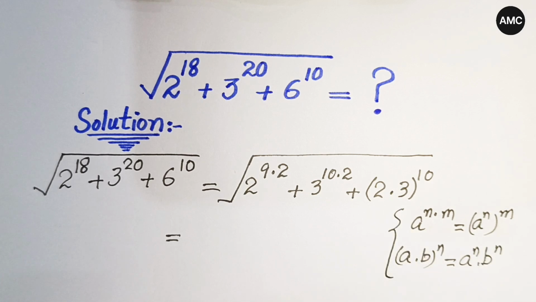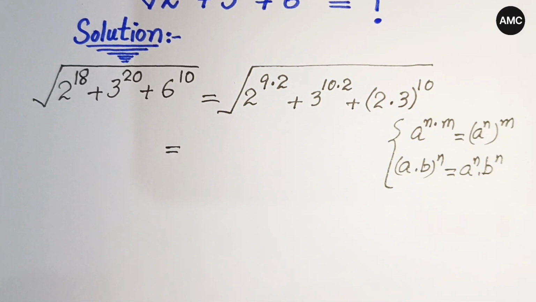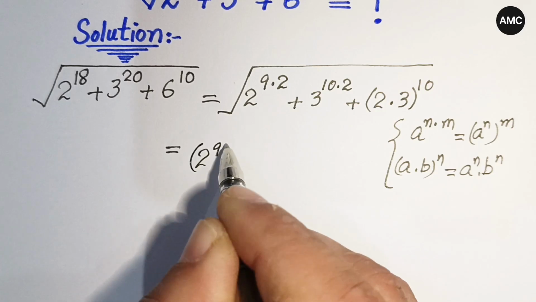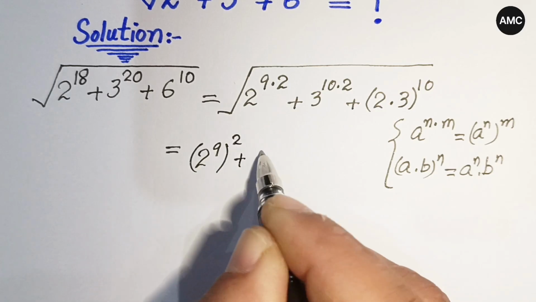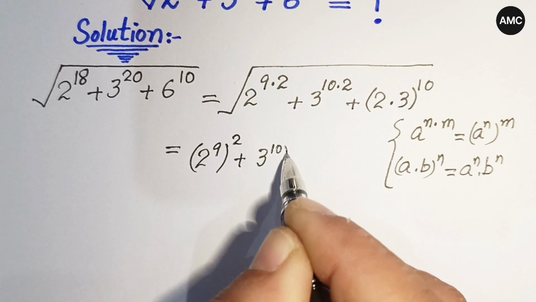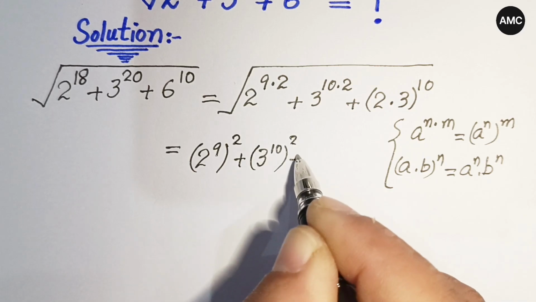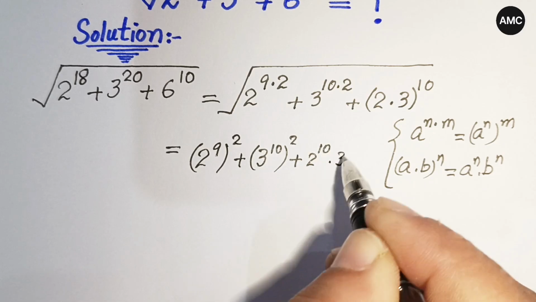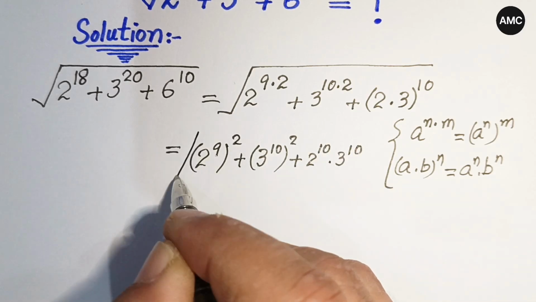So applying these two properties here, it will be 2 to the power 9 whole squared plus 3 to the power 10 whole squared, and it can be written as 2 to the power 10 times 3 to the power 10, whole square root.